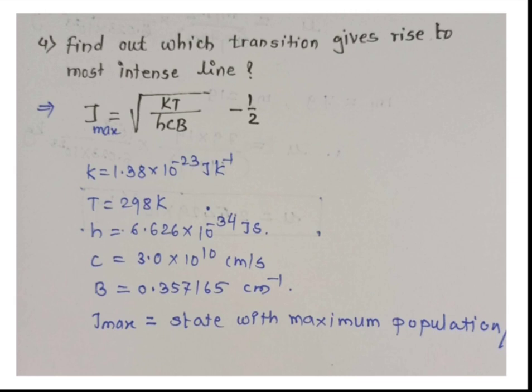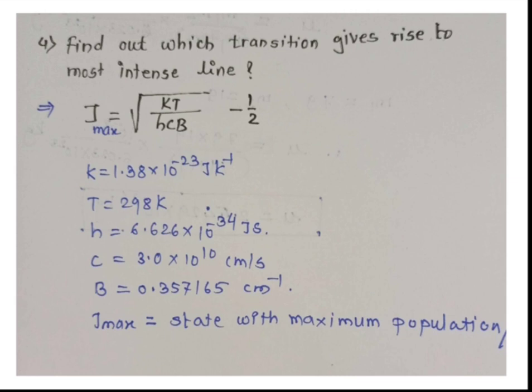Here J is the rotational quantum number, or you can say it is the rotational energy level number. It will be either 0, 1, 2, 3, 4, 5, 6 and so on. So we have to calculate that J value which gives the most intense line.